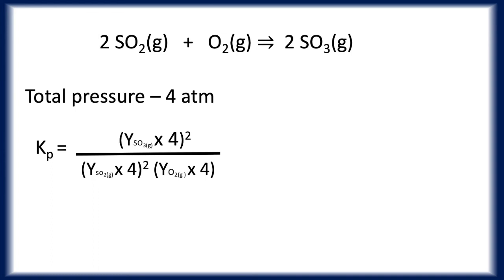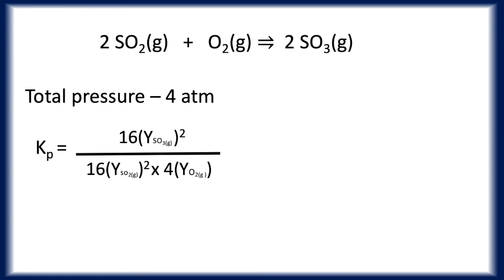So when we look at that, we can see that it's going to become the 16 multiplied by y squared. And then on the bottom part, we have 16 times y squared times 4 multiplied by y for oxygen.